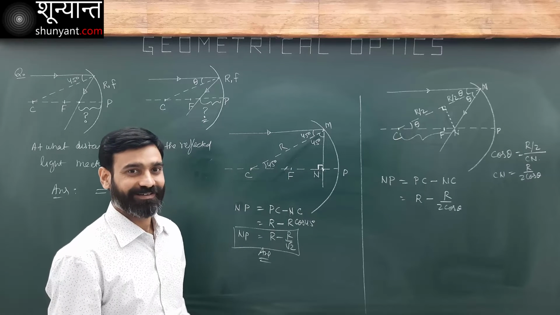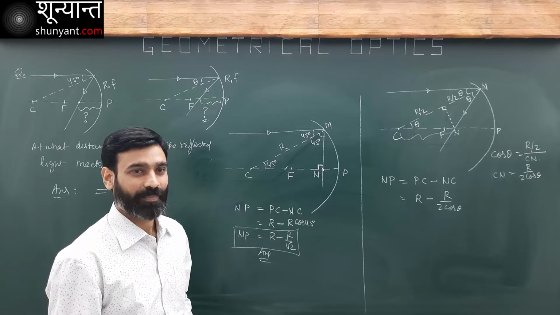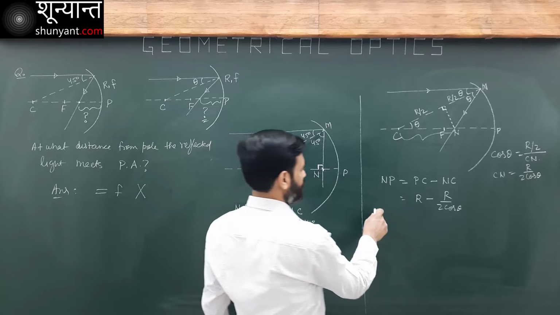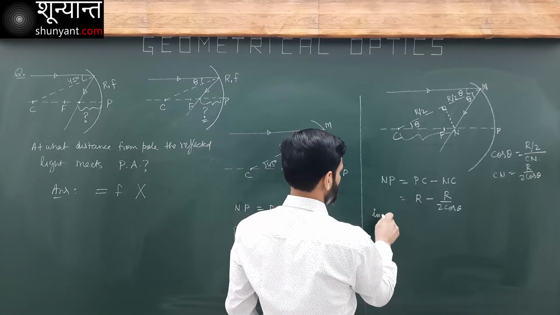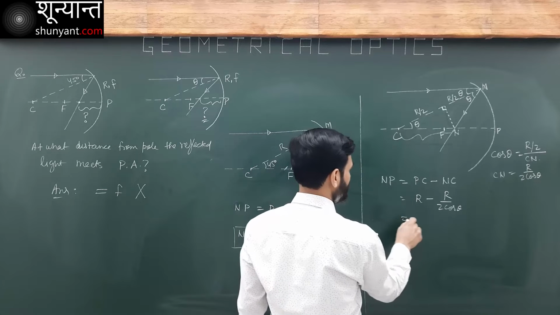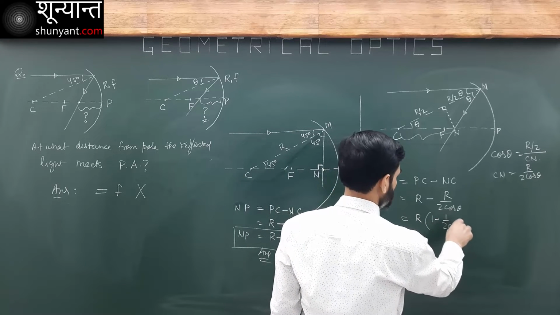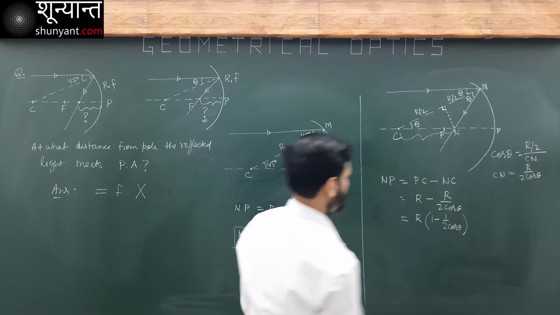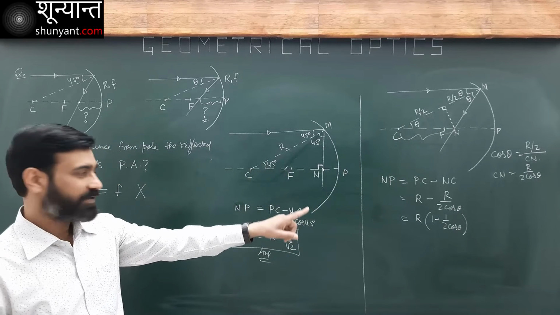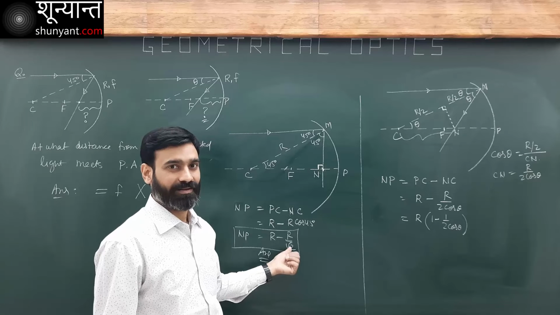This is the answer. I can write it as R times (1 minus 1 over 2 cos theta). If I put theta as 45, I will get the previous answer again.